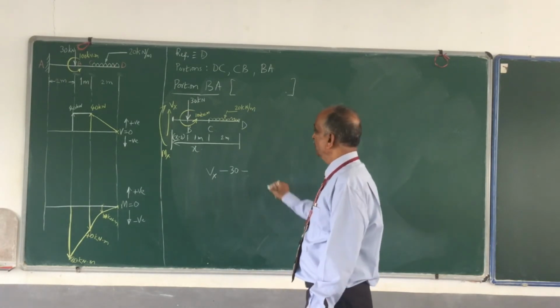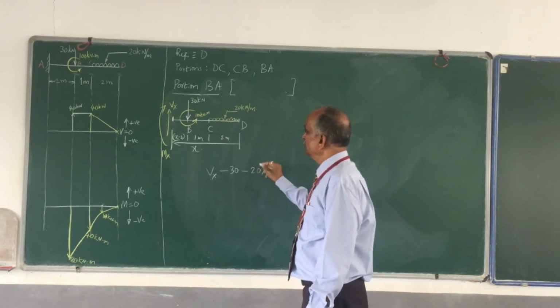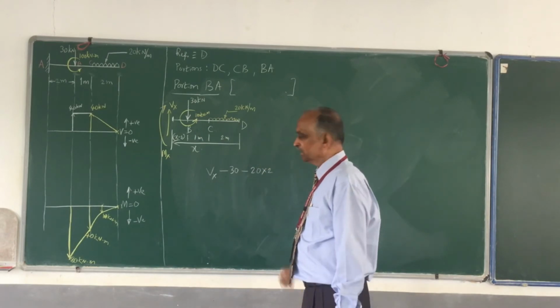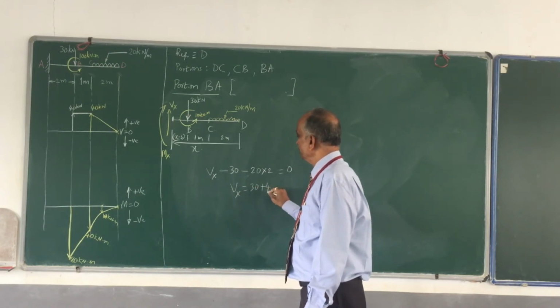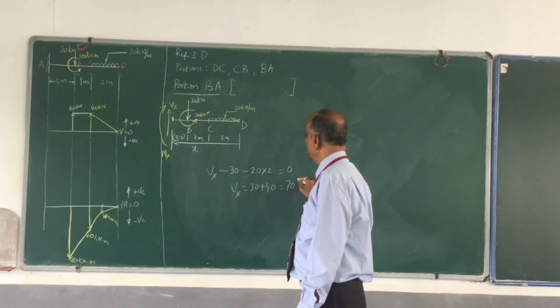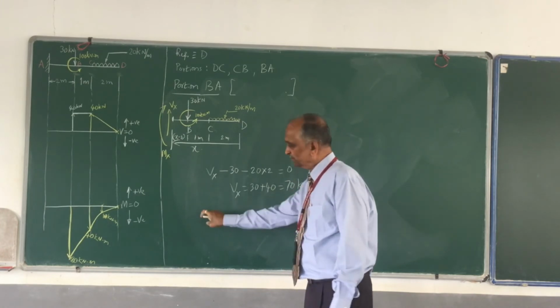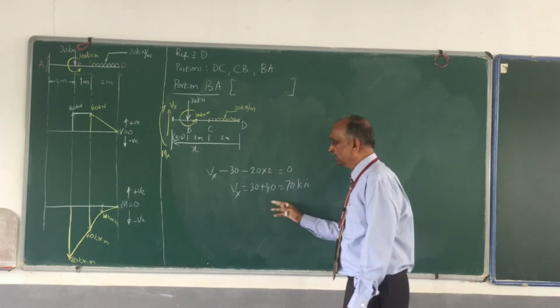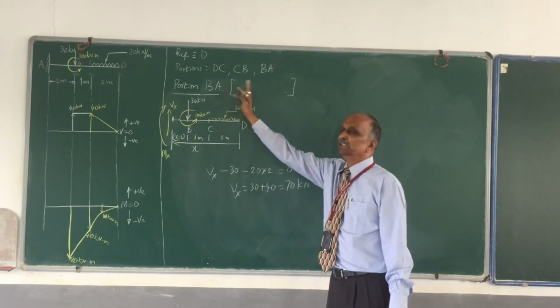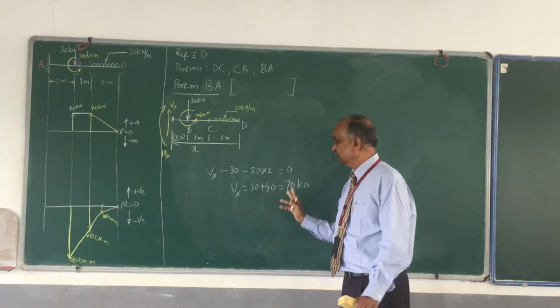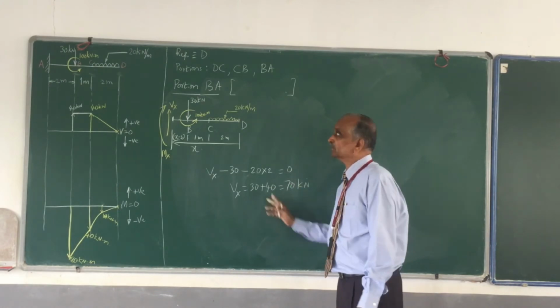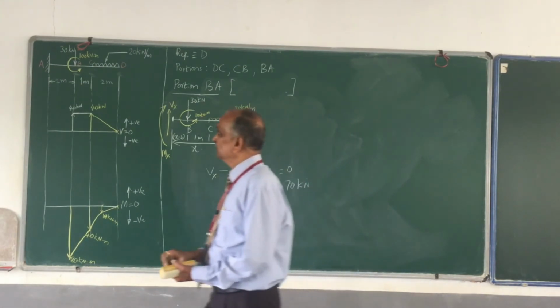How much is the total load? It is 20 into 2 meters, equal to 40. So Vx minus 30 minus 40 is equal to 0. Therefore Vx is equal to 30 plus 40, which is 70 kilonewton. Observation: shear force does not vary between B and A. Shear force is constant at 70 kilonewton throughout the length of the portion BA. Go ahead.